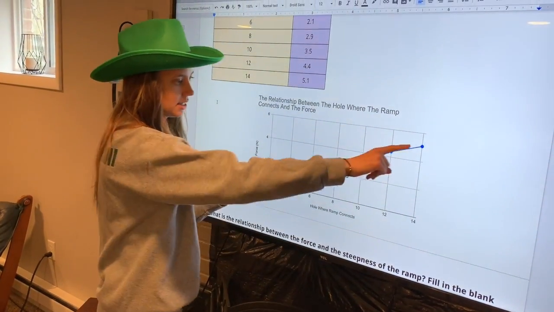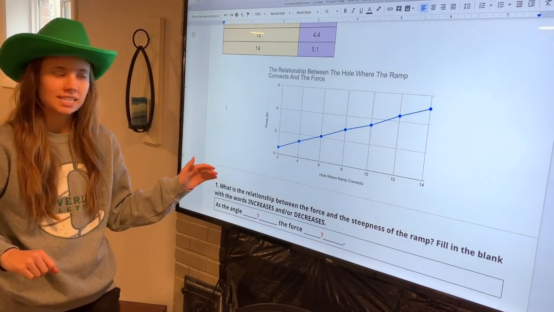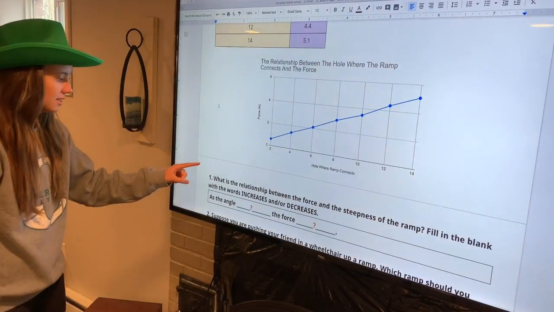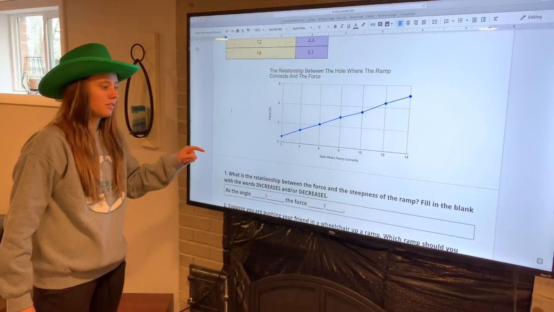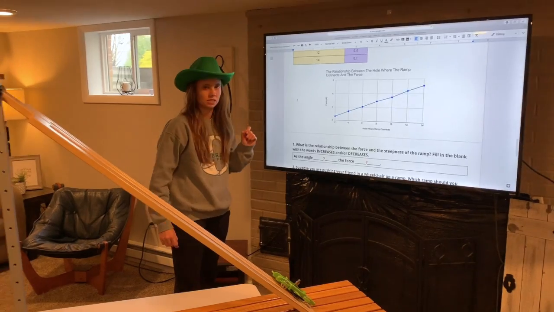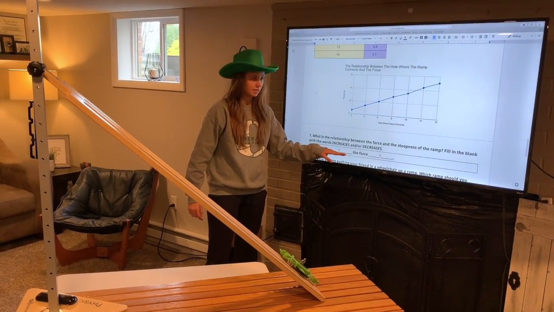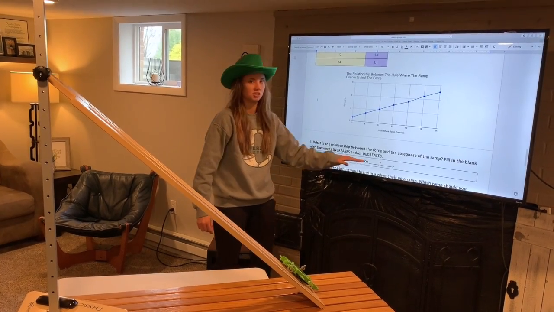You can see this data here on our graph, and you are going to have a couple of questions to answer about that. The first one is, what is the relationship between the force and the steepness of the ramp? Fill in the blank with the words increase or decrease: as the angle blank increases or decreases, the force blank.